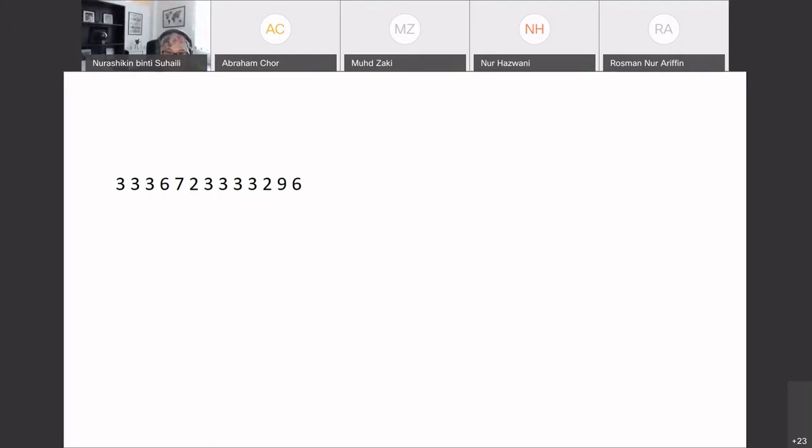Okay, wait, I'm calculating first. So they are 1, 2, 3, 4, 5, 6, 7, 8, 9, 10, 11. So it's odd observations, right? Yes, doctor. Correct, the median is 3.